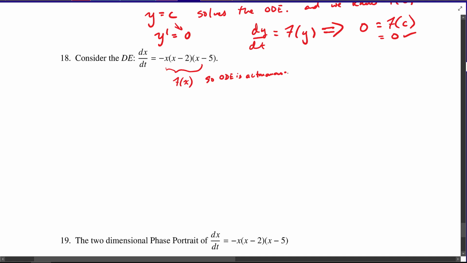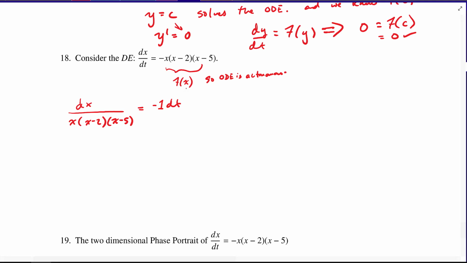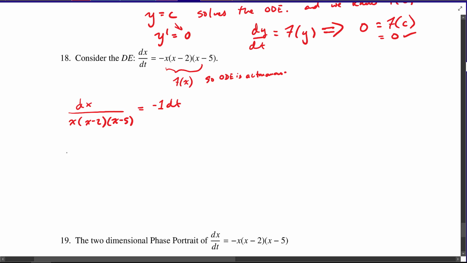Now, if you were to try to find an explicit solution to this, let's actually do that work. This is an example of a separable ODE, so no problem, we could do that. Doing that separation of variables technique, we'd have dx over x times (x minus 2) times (x minus 5) is equal to negative 1 dt. So I multiplied the differential dt over to the other side, and I divided the function of x over onto the left-hand side. Notice that this is something that you could break up using partial fraction decomposition.